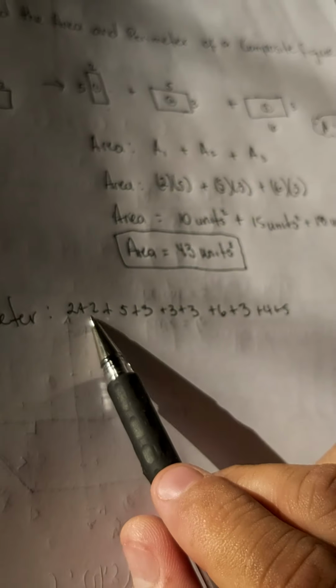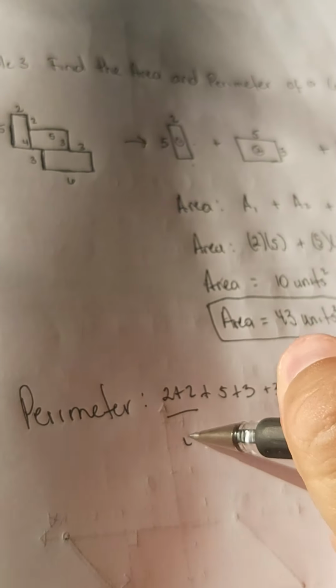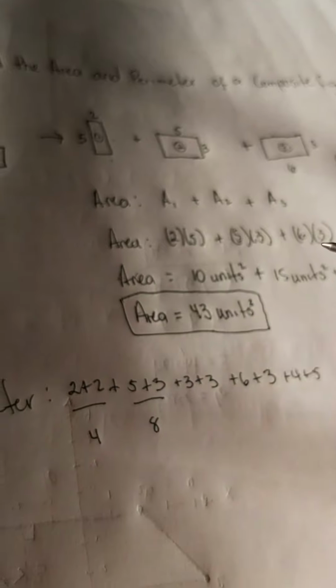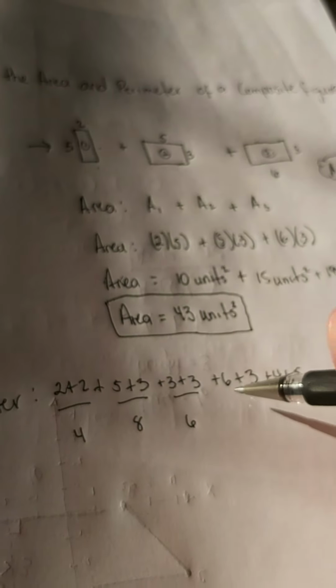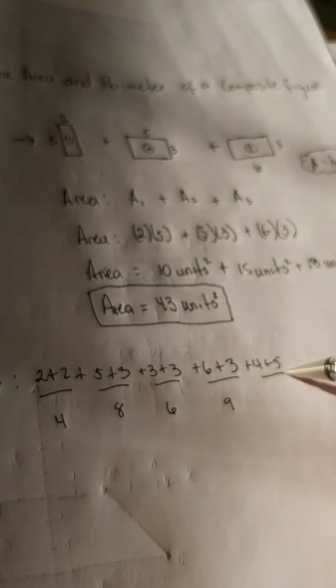Let's count. 1, 2, 3, 4, 5, 6, 7, 8, 9, 10 sides in total. So now let's add. 2 plus 2 is 4, 5 plus 3 is 8, 3 plus 3 is 6, 6 plus 3 is 9, 4 plus 5, 9.